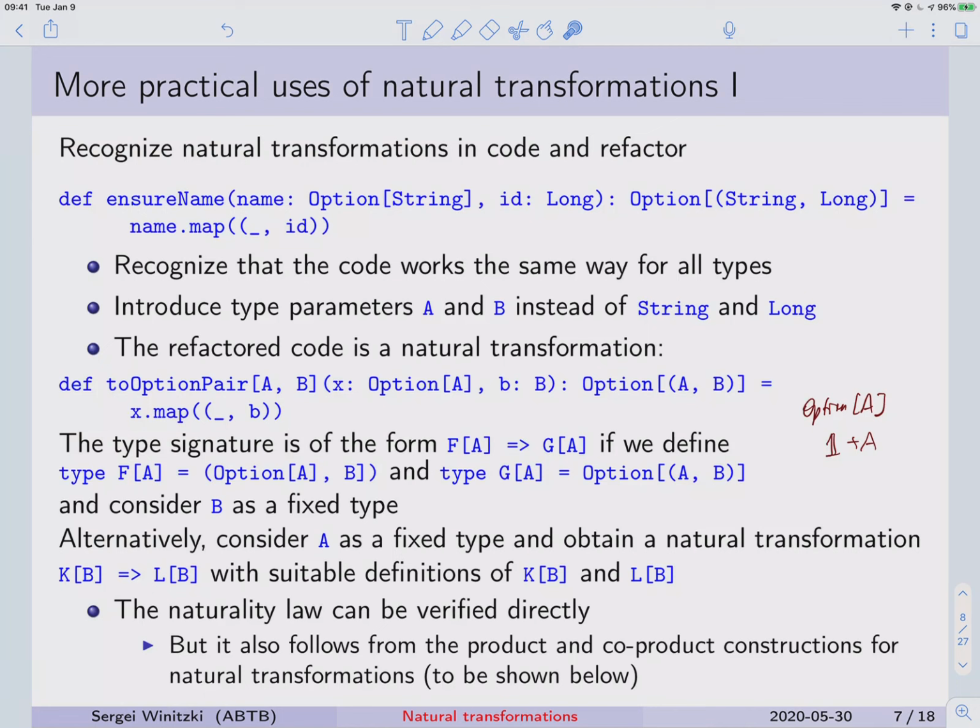And the same thing would be if you consider A as a fixed type, then you define some K and L as functors of B, and again you have a natural transformation with respect to the type parameter B. So now out of this code, you have refactored into a natural transformation with two type parameters, which is natural with respect to A and it's natural with respect to B. So later you could do a map on it, you could define refactorings that you know will be correct.